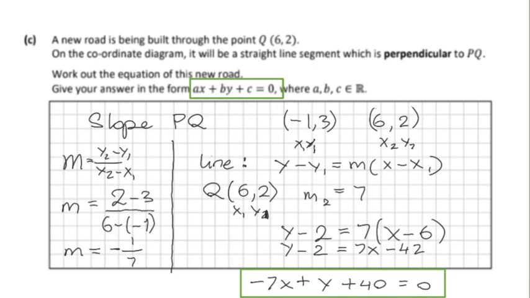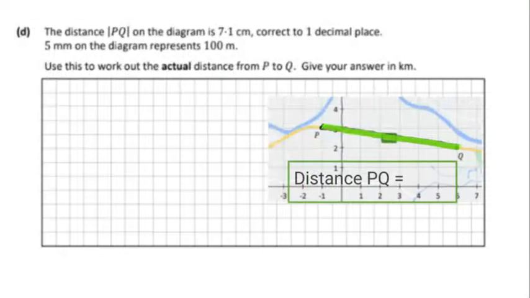So let's have a look at the last part here, kind of a bonus mark question if you can get this right. We want to find the actual distance, and we have a scale to work off. We have a 7.1 centimeter measurement on our diagram.